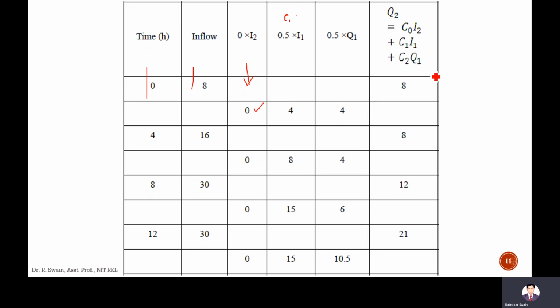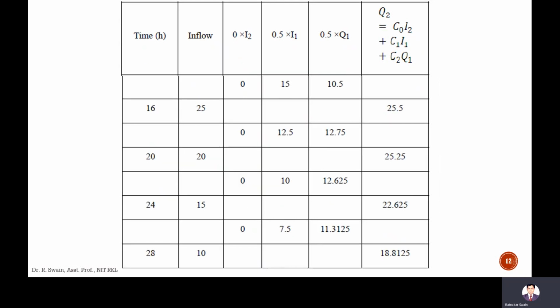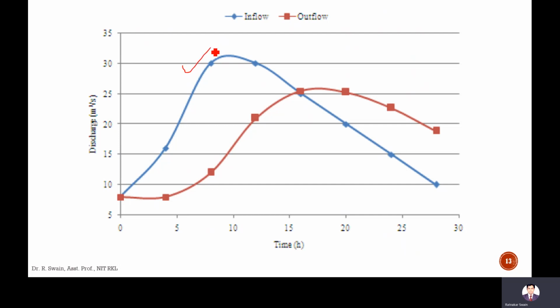So it is 8. So Q1 will be this for the time 0 to 4, 4 to 8, 8 to 12. Like this, you have to calculate. Finally the outflow hydrograph will be obtained. This will be the inflow hydrograph and this will be the outflow hydrograph.